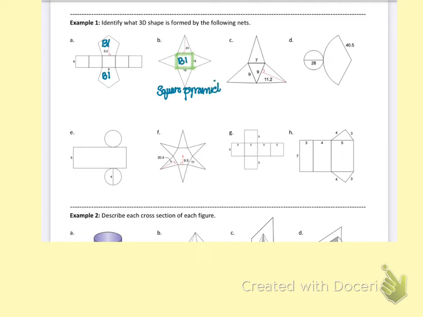Where this one would make, and again, we name it by the face of the base or the bases. These are regular pentagons. So we could say that would be a pentagonal pyramid.